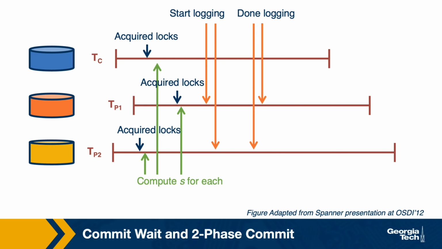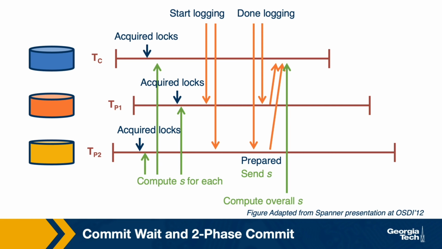So once we're done with the various updates, we've completed the logging, we are going to notify the transaction coordinator that the prepare phase has essentially completed. And at this point, the transaction coordinator also can find out the proposed value for this timestamp based on each of the nodes in the system, and it can compute an overall S value for that transaction.